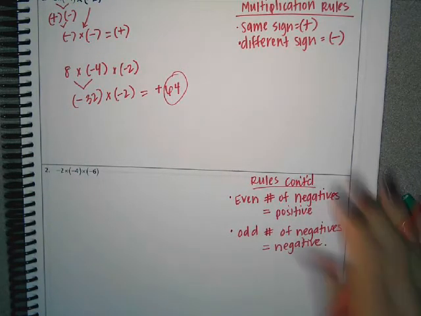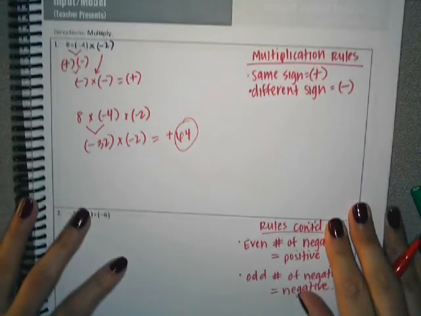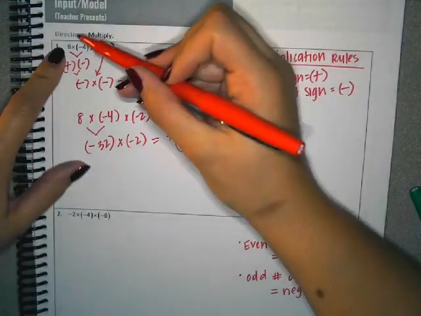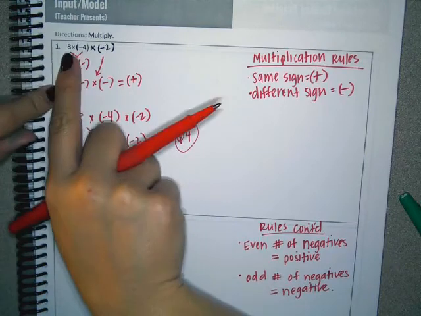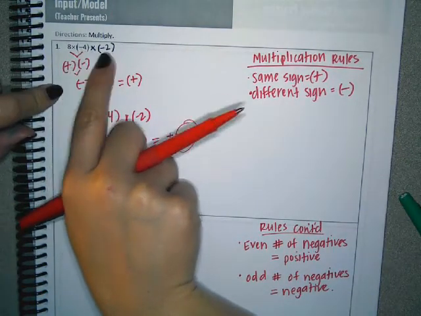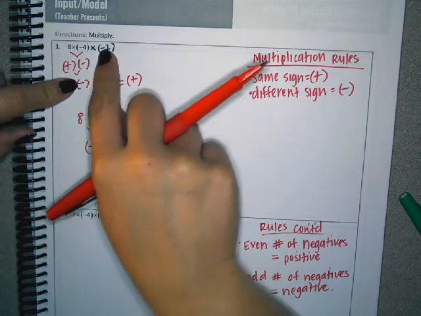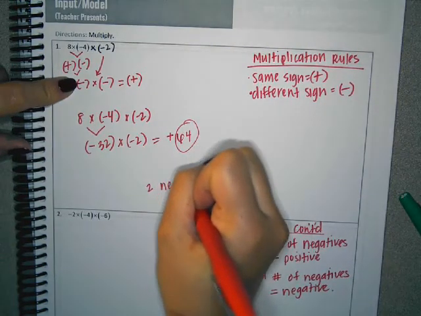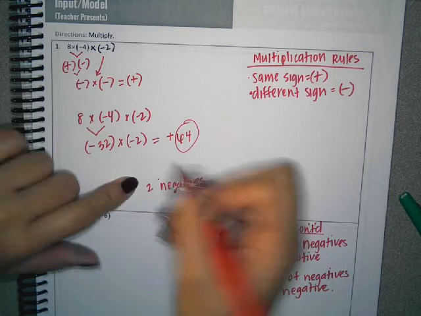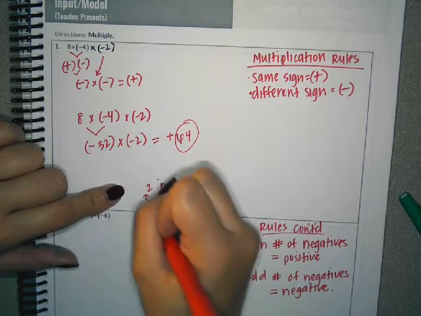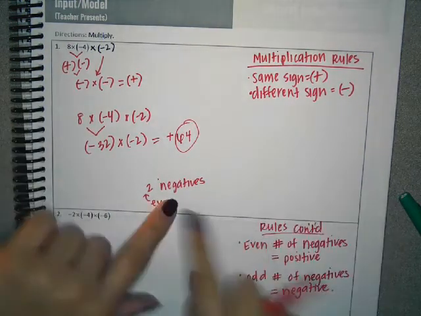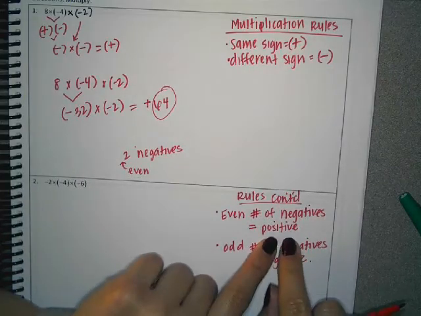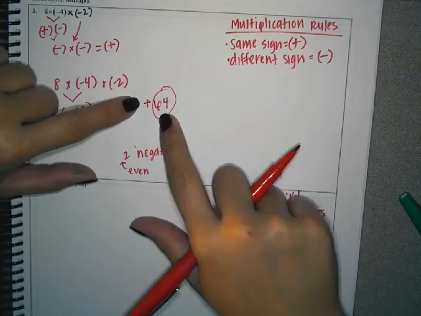So what does that look like? If I go back up to this problem and I count how many negatives I have in this problem, I have 1, 2. I have 2 negatives in this entire problem, right? 2 is even. So that tells me that my answer is positive. And did we end up with a positive number?